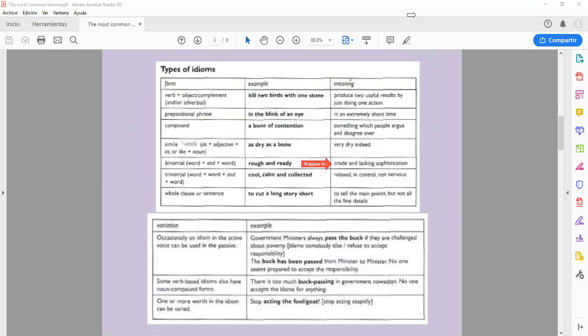But you know what? Don't worry a lot about it because you can ask for the meaning. You can say, I beg your pardon, or what do you mean? It is very difficult that we know all of the idioms that exist because they depend on time. They are changing constantly, and they also depend on the place where you go.